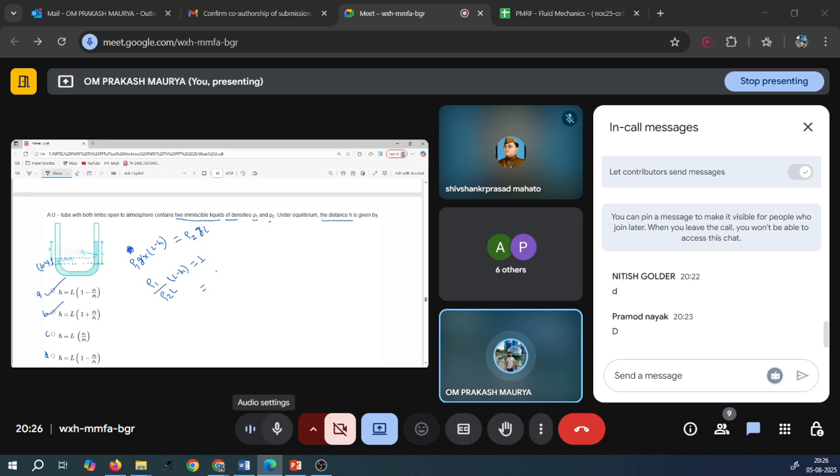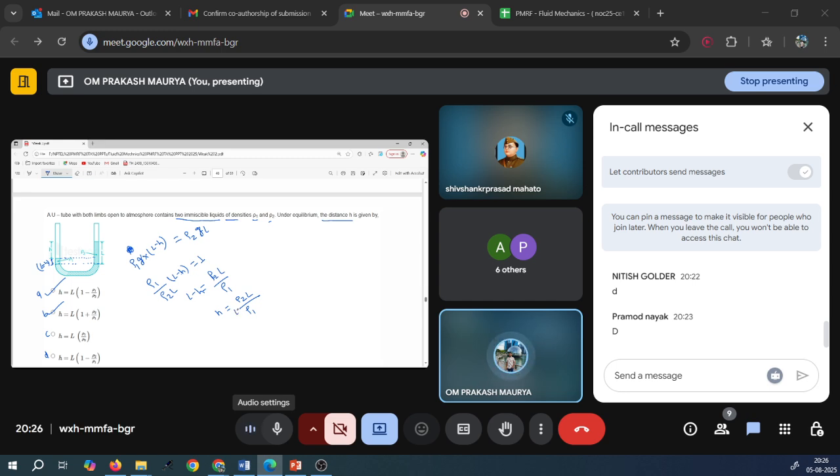So what you will do? You will try to take rho 2 L divided by rho 1, here L minus H, and H is equal to rho 2 L divided by rho 1.